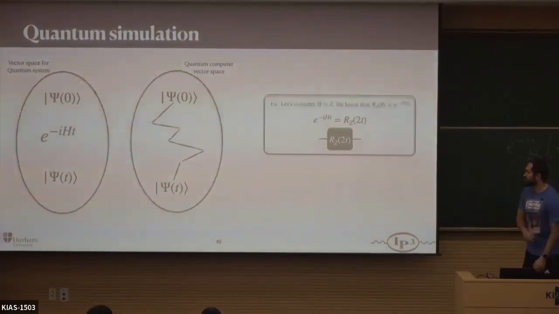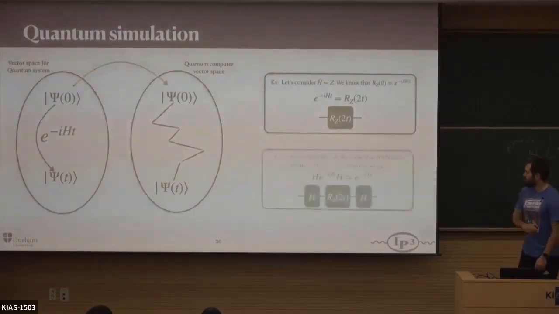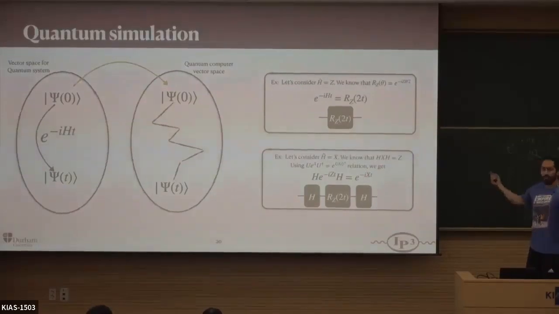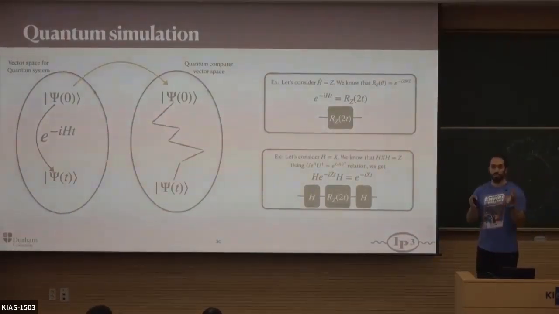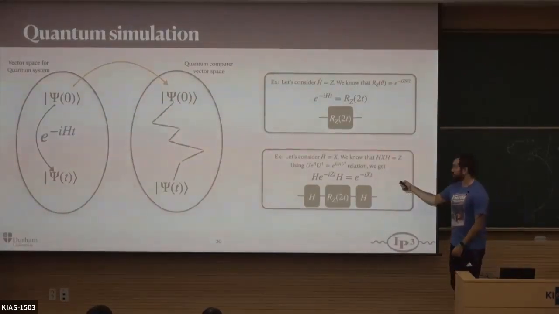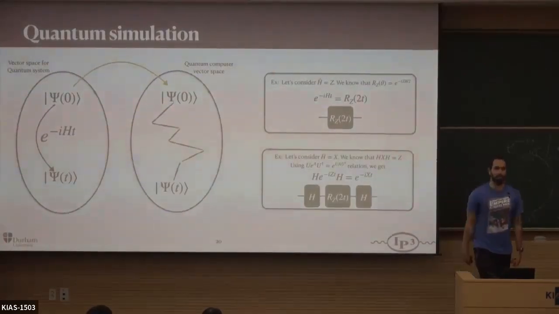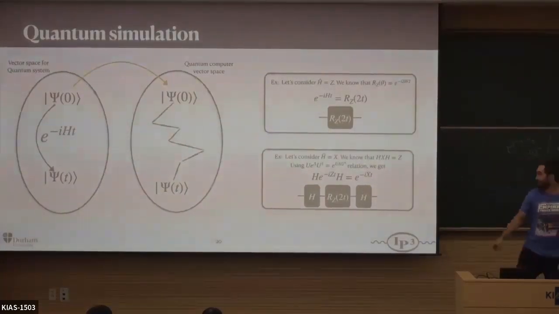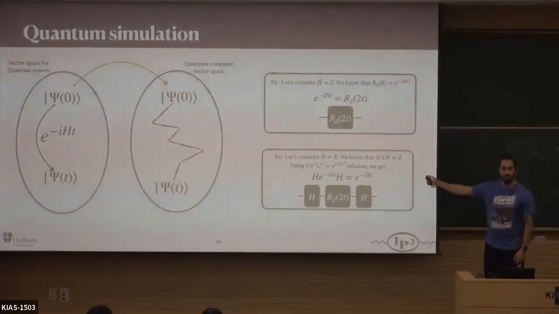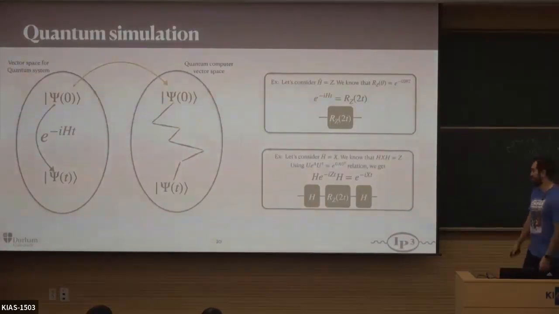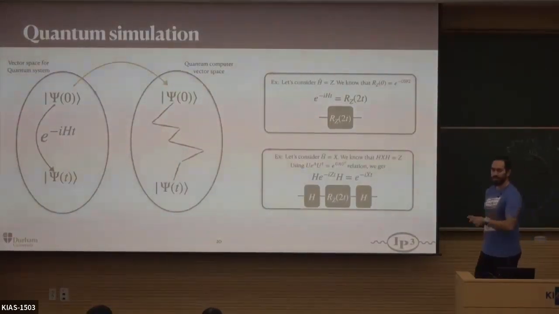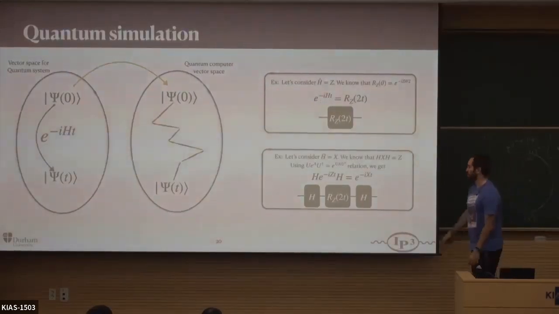Let's talk about another example, again very simple, the X operator. How can I convert this X to Z? That's what I need to do. There is an identity, if you remember from your Quantum 101. By the way, I never remember these identities. I always look them up, so don't worry about remembering things. It's really unnecessary to remember anything.